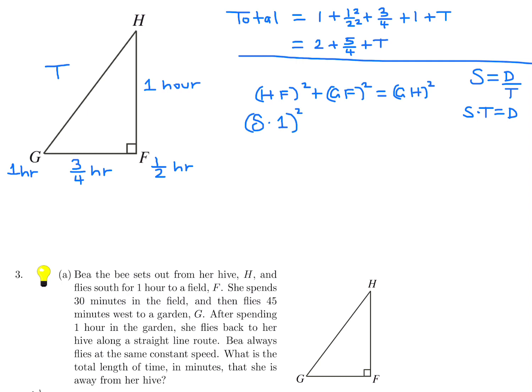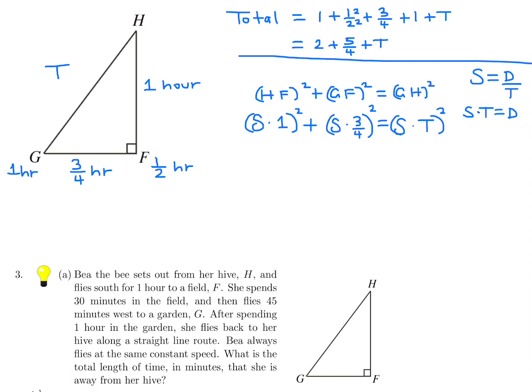So that is S times 1 all squared. GF, in a very similar way, is the speed times the time, and this time is 3/4. So I put 3/4 there. And that's squared. And then GH, again, S times T. My S is S, and my T is also just the letter T, since I don't know what it is yet.